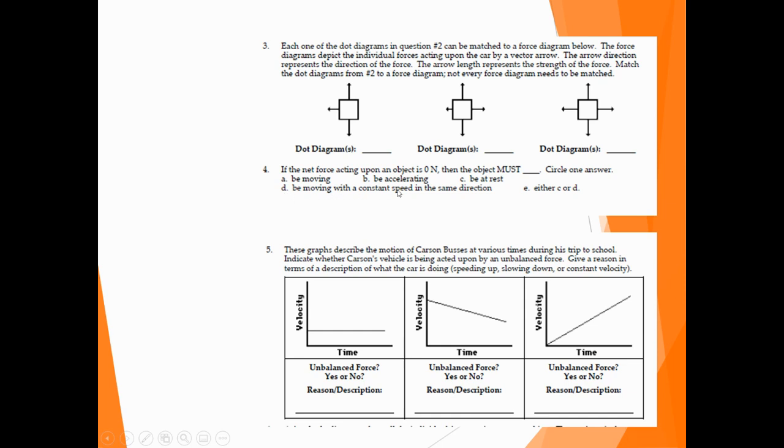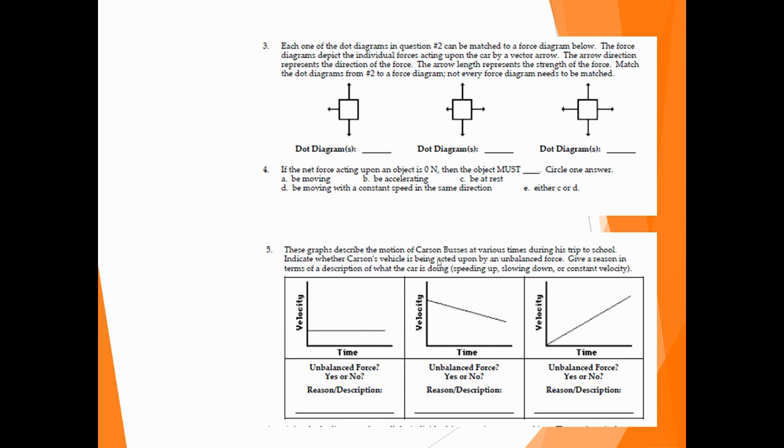D, be moving with a constant speed in the same direction. Yeah, that's true. And E, either C or D. So it could be at rest and it could be moving with constant speed in the same direction. So the answer is E. The reason it's not A is because A doesn't qualify that it's at constant speed and in the same direction.